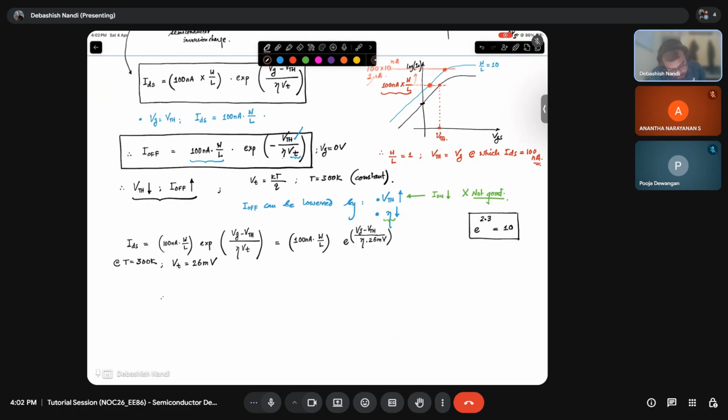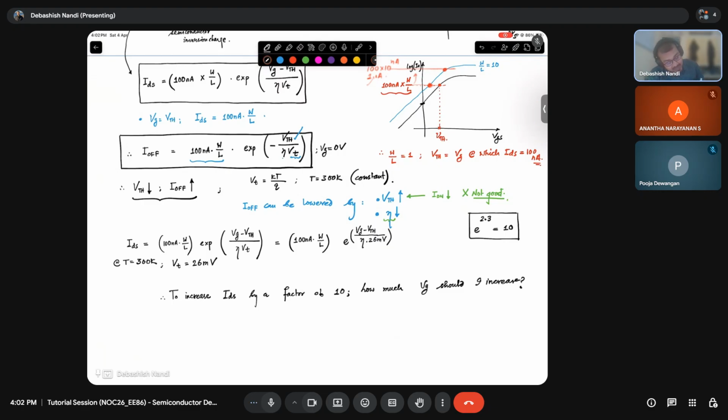Now, to increase IDS by a factor of 10, how much Vg should I increase? That is the question.